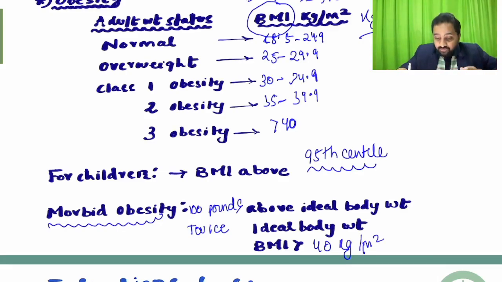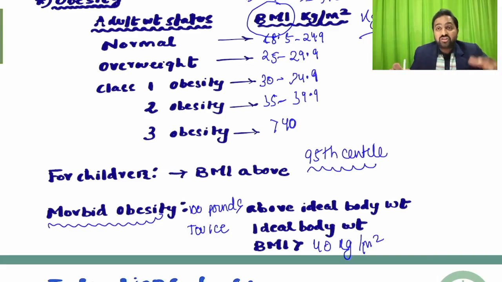So this is the definition of morbid obesity, which is 100 pounds above the ideal body weight, twice the ideal body weight, and BMI more than 40 kg per meter square.